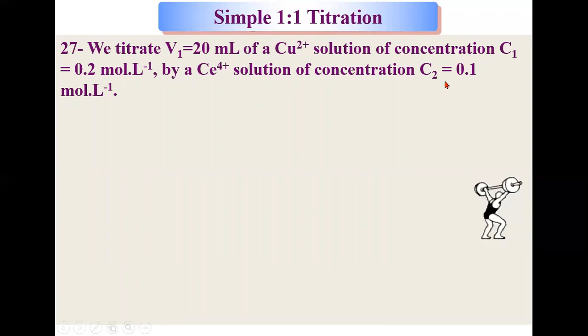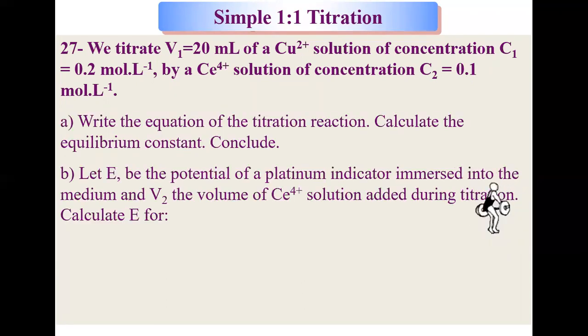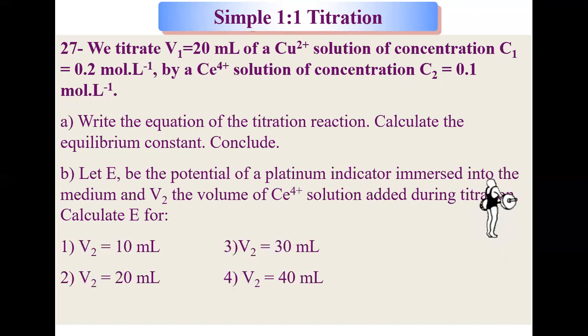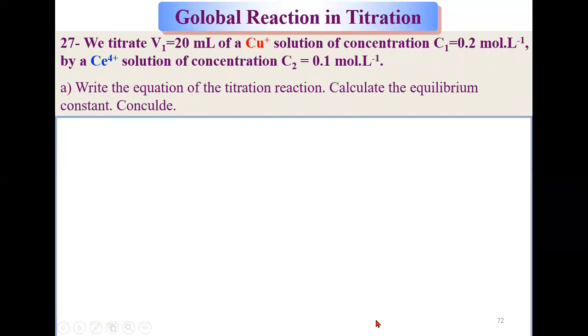And the concentration of the selenium is 0.1 molar. Write the equation of the titration, calculate the equilibrium constant, and there's a part B of the question, and that is to get the E at different volumes of selenium added. And they give us the E naught for the selenium couple and the E naught for the copper couple.